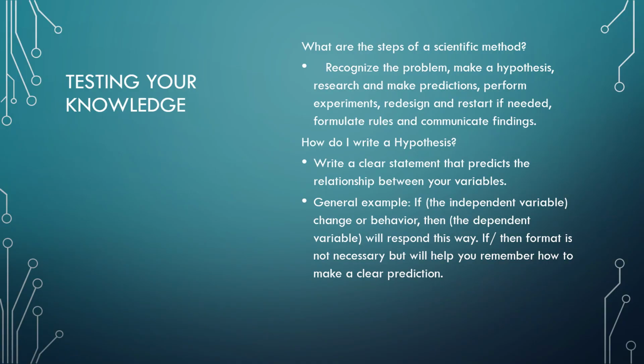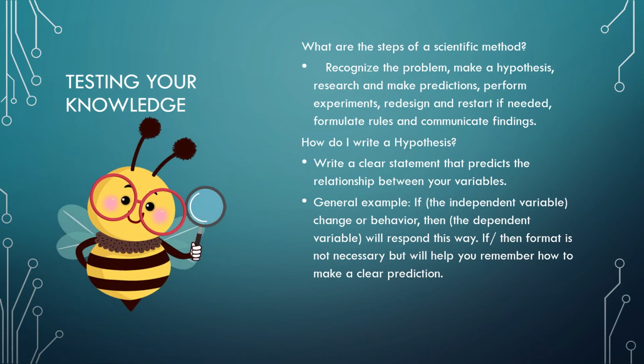Last but not least, I want you to go ahead and reflect on your knowledge or what you've learned in this short video. What are the steps of the scientific method? Please remember that first you have to identify your problem, then you have to guess about it using research that you've already done to make that guess or prediction.